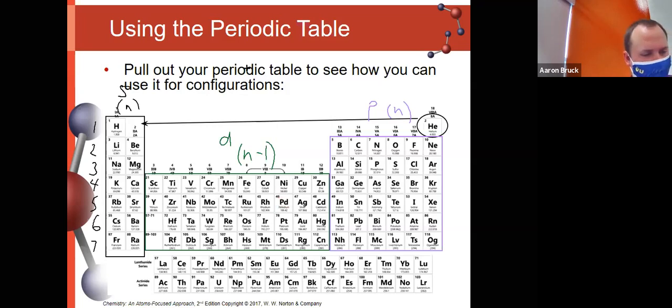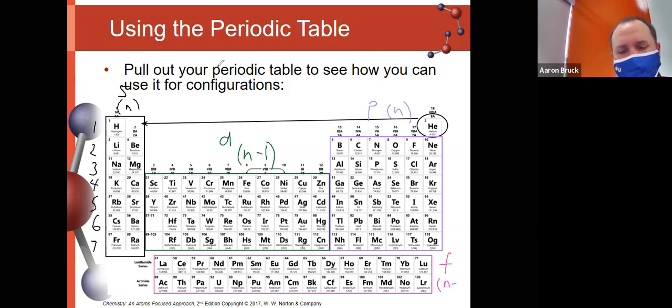Lastly, we've got our lanthanides and actinides here. This is the F block. And the F block is actually offset by 2.